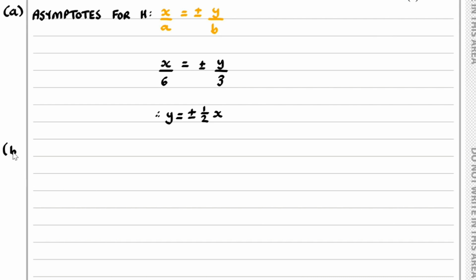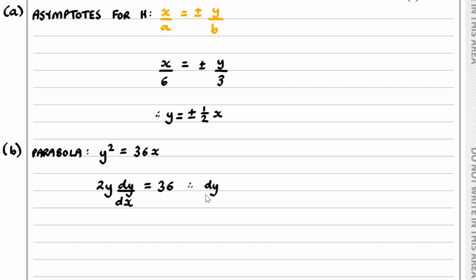So for part B, if we take a look at the parabola, we've got y squared equals 36x, and if I differentiate implicitly, we've got 2y dy/dx equals 36, and therefore dy/dx equals 36 over 2y, which is 16 over y.